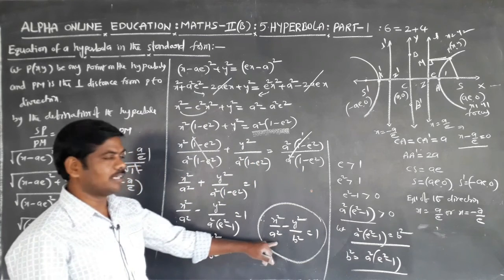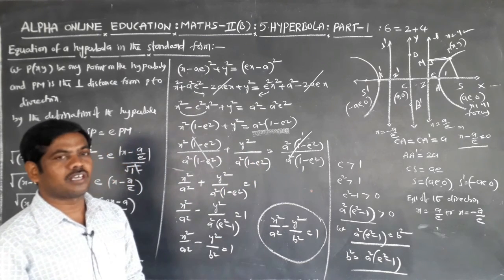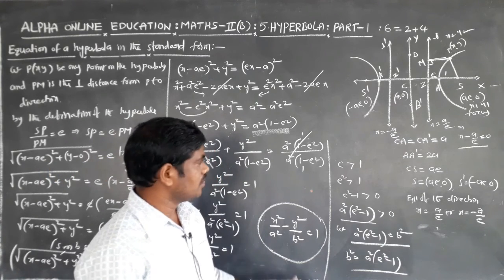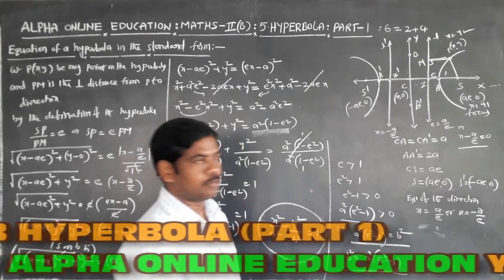So the equation of the hyperbola is x square by a square minus y square by b square equal to 1. This is the proof of the hyperbola.